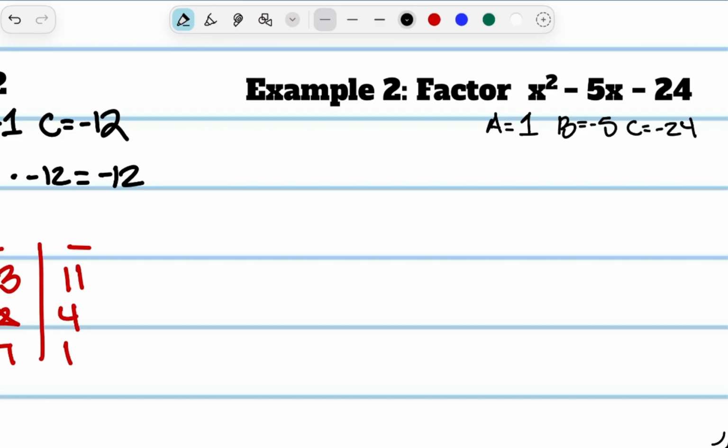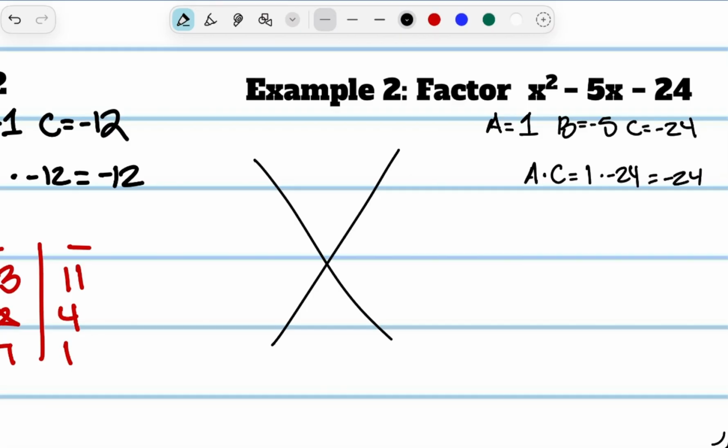Now we can go ahead and set up our x. Now once we get our x drawn, we can go ahead and multiply our a times c, which in this one will be 1 times -24, which is -24. Now that will go at the top of our x. Now once we have that, we can go ahead and put the number that we need at the bottom, which is the b term, which is -5.